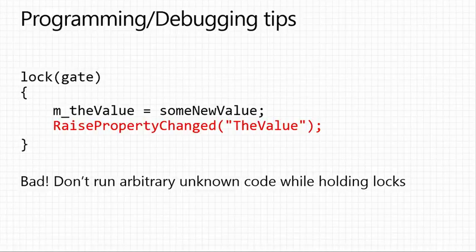What I've seen a lot of, and this has happened probably at least a dozen times in the last year, big deadlock, crash-the-server type things, is someone holding a lock and firing a change notification. As soon as you fire a change notification, you're executing some random code that someone else wrote maybe 5 years later, and they might be acquiring a lock, and you end up in a deadlock. Number one cause of deadlocks I've seen. Simple fix: fire the change notification after you release the lock.